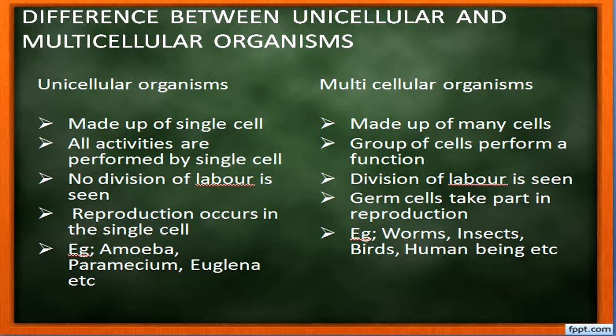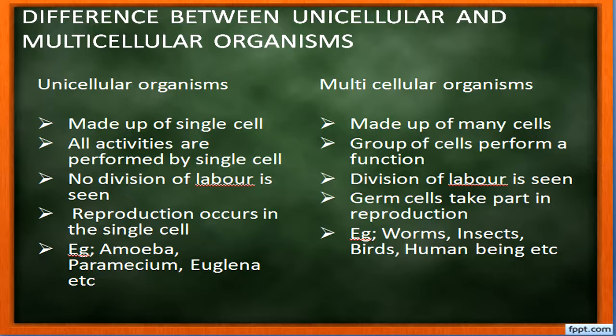Whereas in unicellular organisms, division of labor is not seen, because the same cell has to perform all the activities. In unicellular organisms, reproduction occurs in the same cell. Whereas in multicellular organisms, there are a special type of cells which we call germ cells. Germ cells are nothing but the gametes.